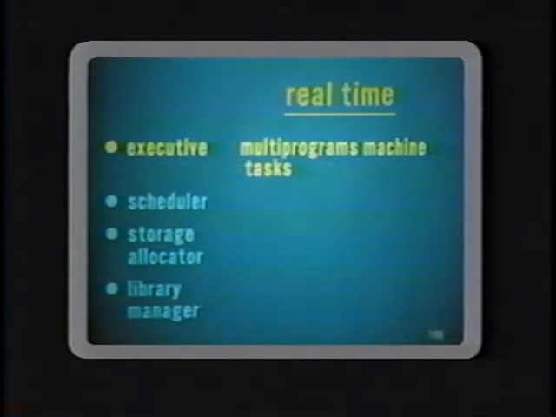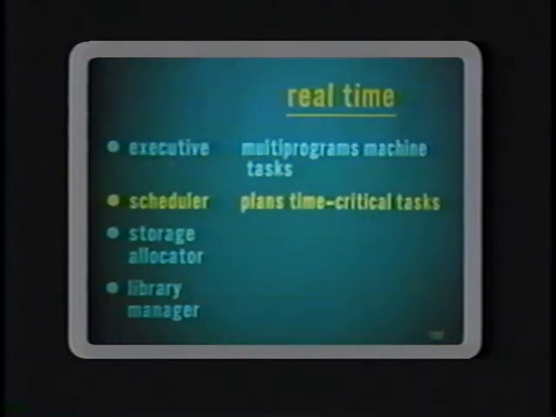Therefore, to avoid this in real-time operating systems, multiprogramming executives are streamlined to operate very quickly. Also, the scheduler determines which program to run next depending on the urgency of the jobs to be done, rather than on the even distribution of time slices.